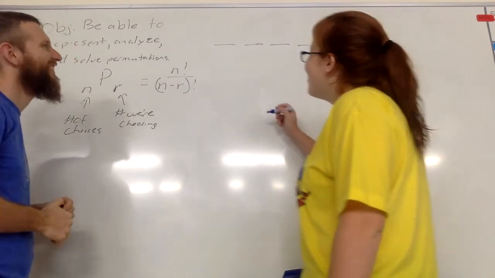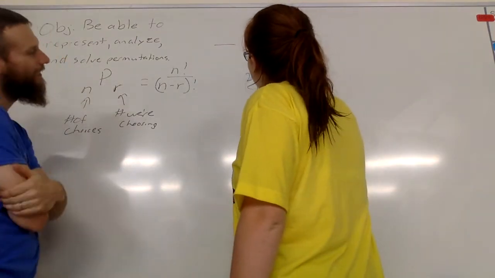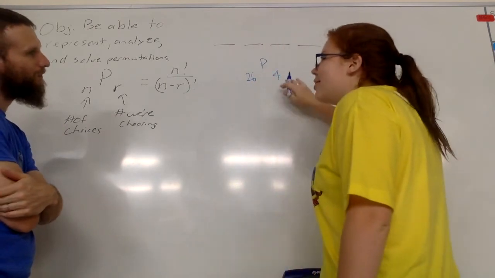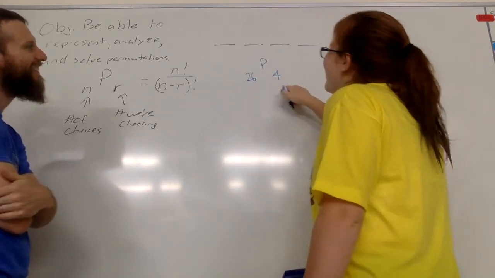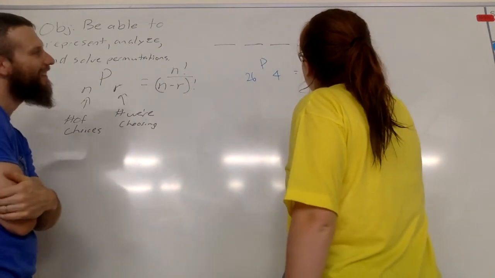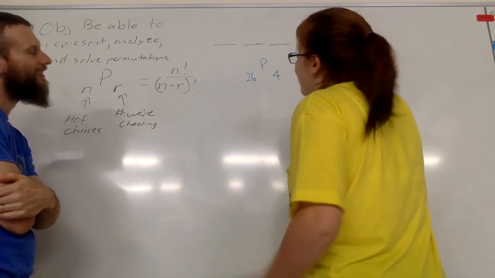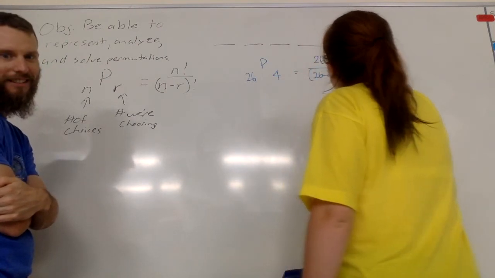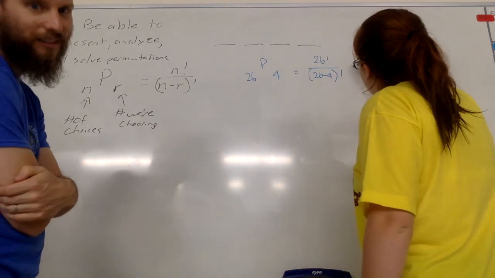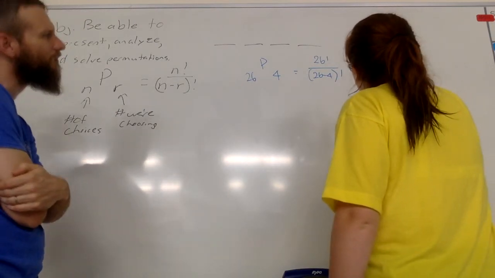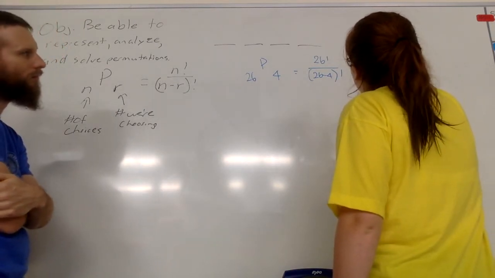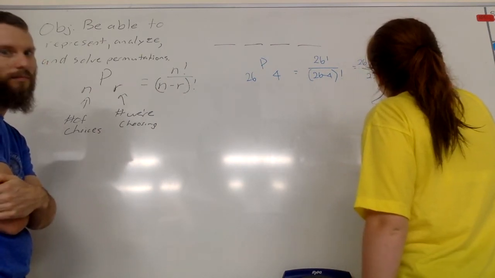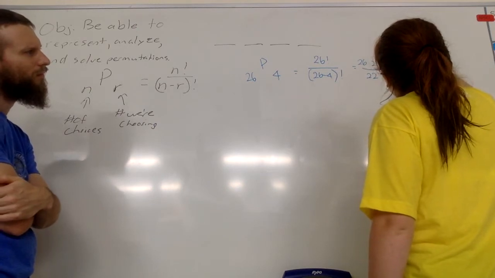Yeah. So there are 26 letters in the alphabet, and we're choosing 4, and you could write that as 26 factorial over 26 minus 4 factorial. 26 minus 4 is 22 factorial. And up here we have 26 times 25 times 24 times 23 times 22, and so on.